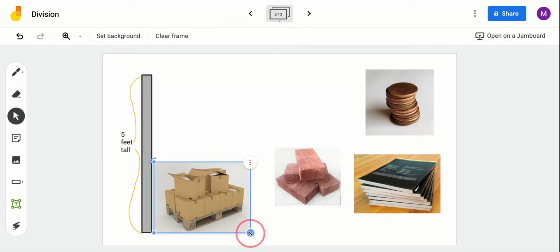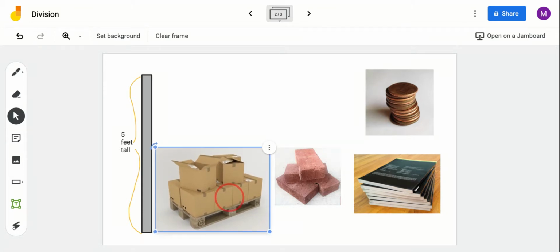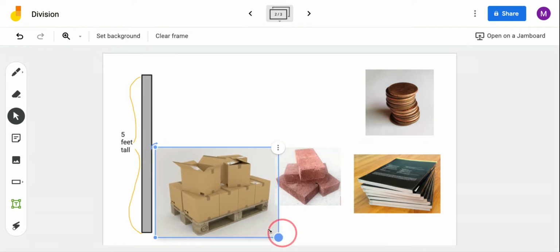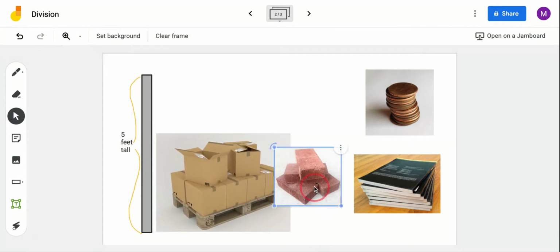If we're dividing it by a larger number, we aren't going to get so many. So cardboard boxes, this might be 3 or 4 boxes tall if it was to scale. We're not going to get very many of them.